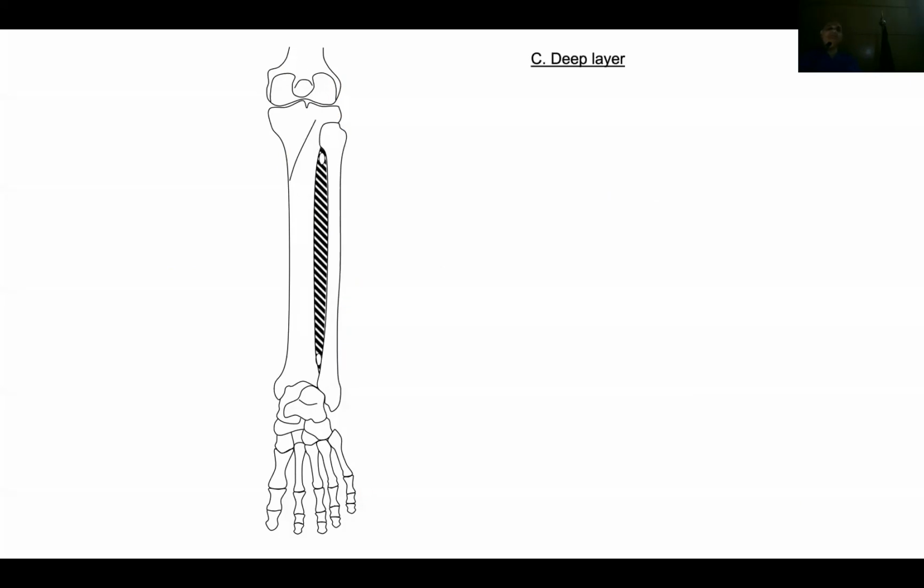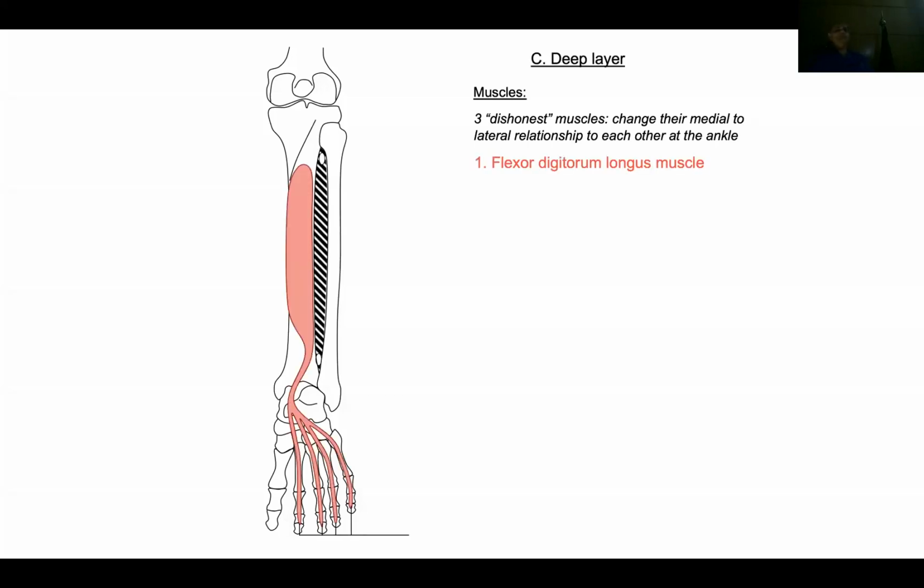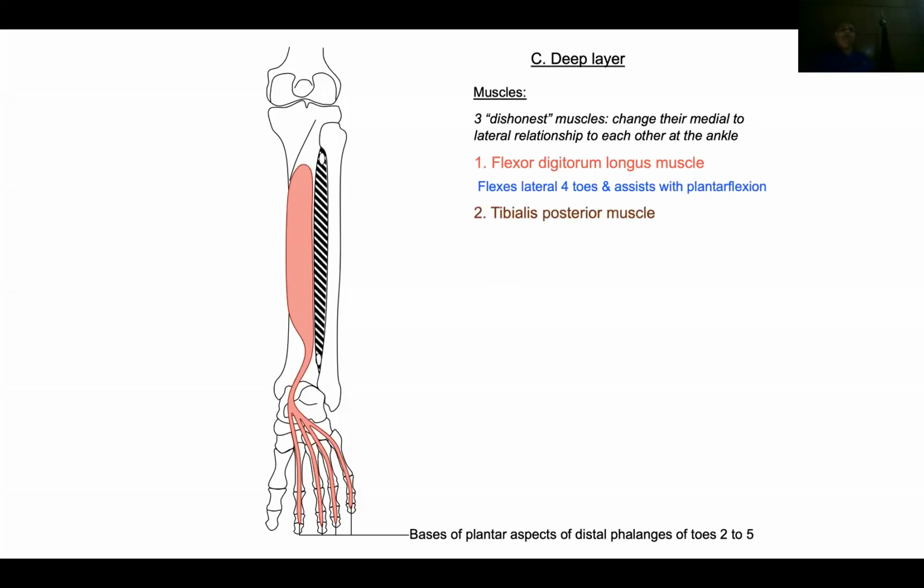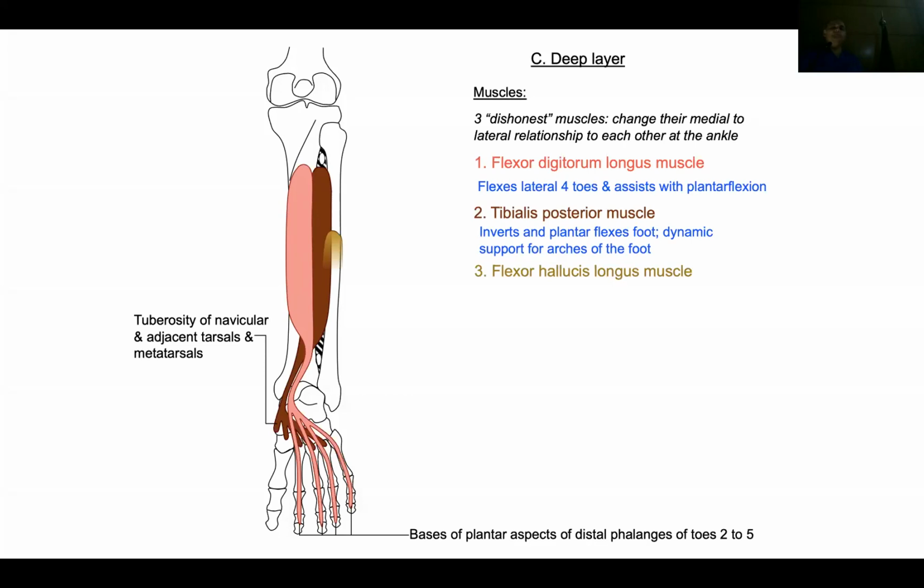Now guys, deep layer. What do we have in the deep layer? We talk about 3 muscles. Let's put them. Look at him. He was coming all the way and then it twisted. It's going to my digits. It's called flexor digitorum longus. Then I have tibialis posterior. Look at him. Right? It goes all the way. And then I have flexor hallucis longus.